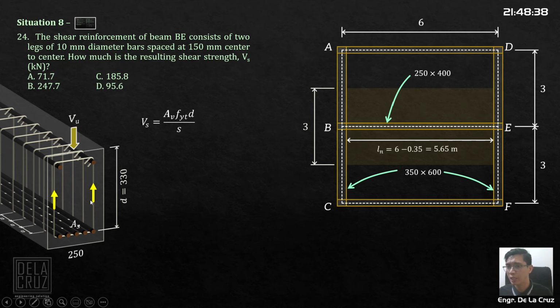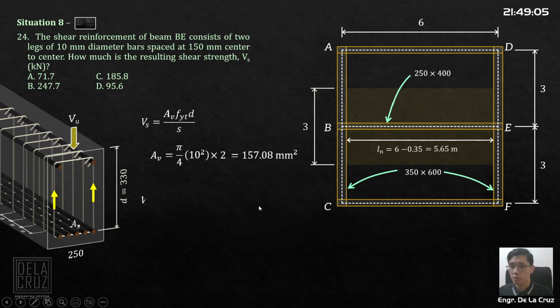Tingnan mo lang ano yung kukontra sa ating shear force from the load. This is from the load, no? So, dalawang 10 mm yan. AV is pi over 4 times diameter squared times 2. Again, kung may cross ties yan, bilangin mo lang ilan yung kukontra dyan. Itong dalawang forces. And you have 157.08 square millimeters.